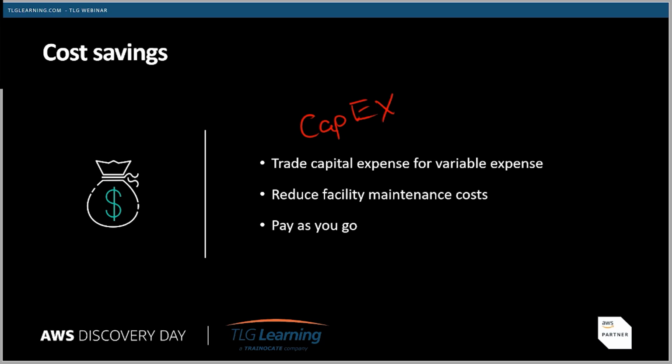Trading that, working in a cloud environment, for variable expenses or operational expenses, OpEx, you're paying for the resources you use, paying for what's currently and actually running on AWS. No large upfront investments are necessary. So the pay-as-you-go strategy, you get a monthly bill with AWS.